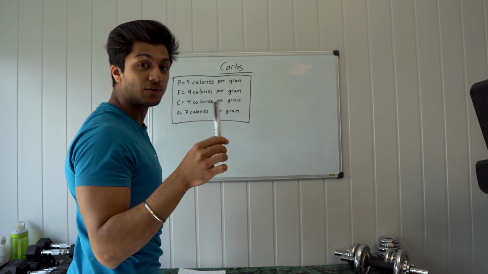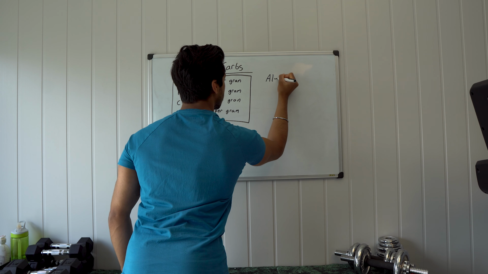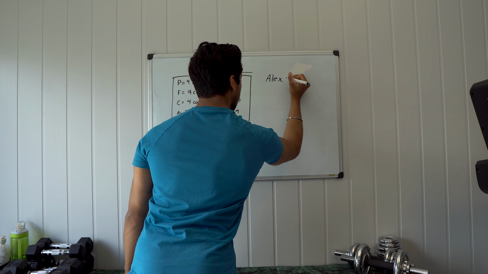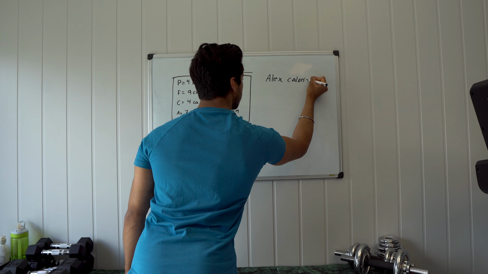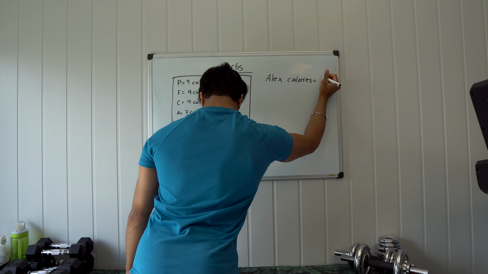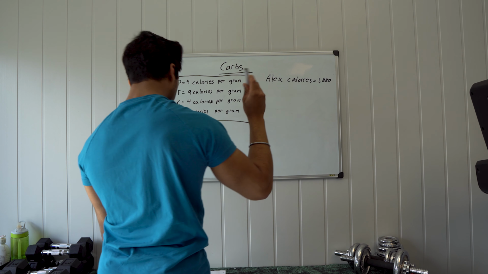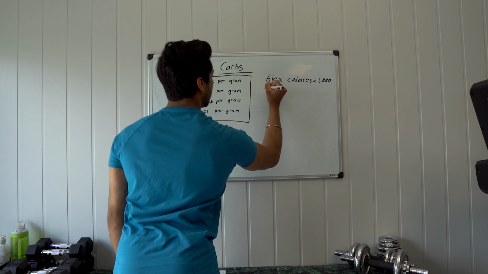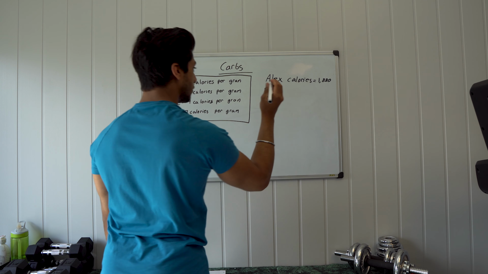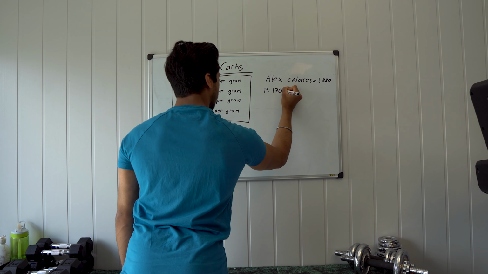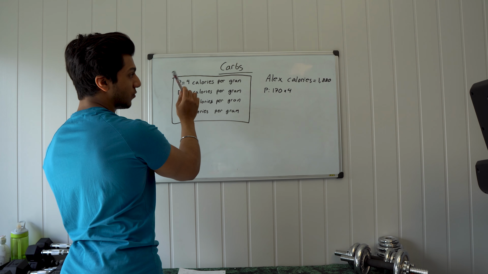So on Alex, if he's going to shred, his calories are 1,880. You remember that Alex's protein was 170. So we're going to times that by 4, because 1 gram of protein is 4 calories.